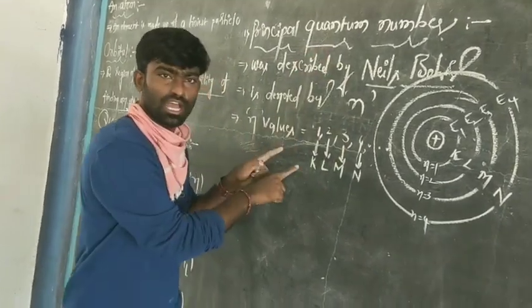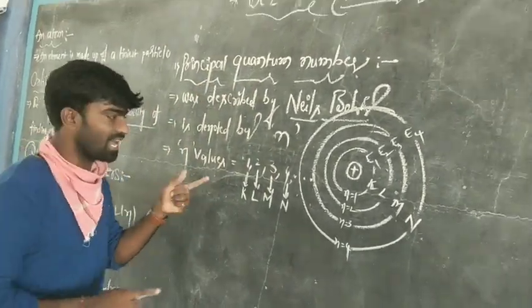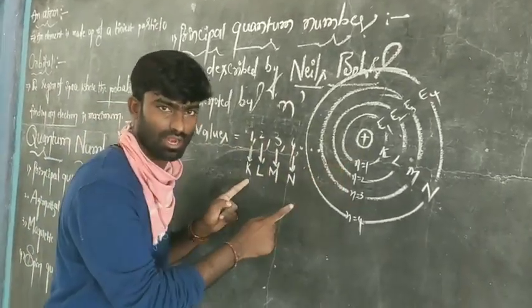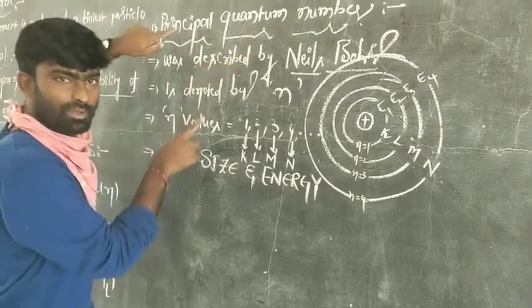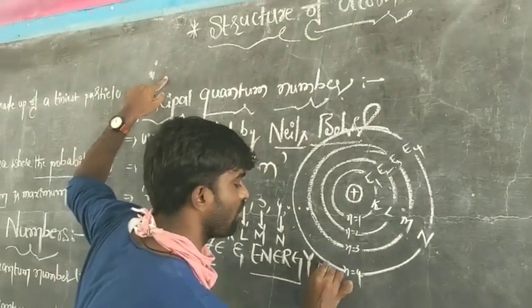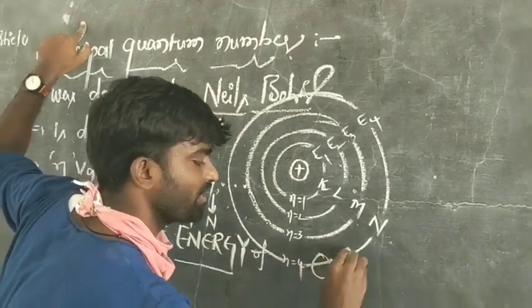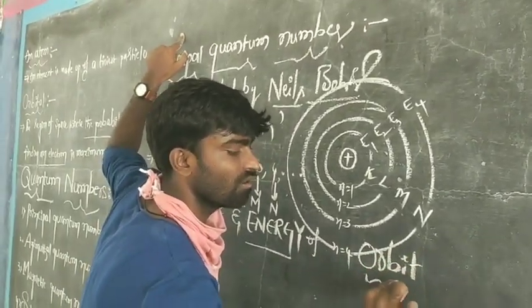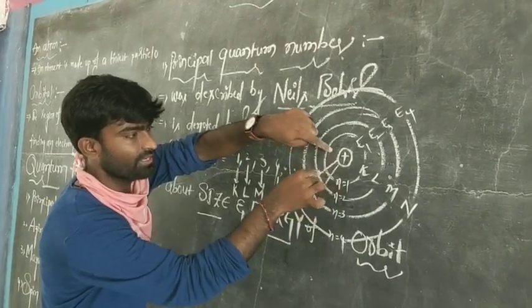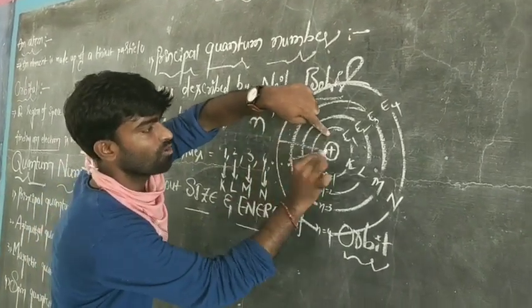The values of the principal quantum number start from 1, 2, 3, 4 and so on. This quantum number mainly explains the size and energy of the orbit: first orbit, second orbit, third orbit, fourth orbit.